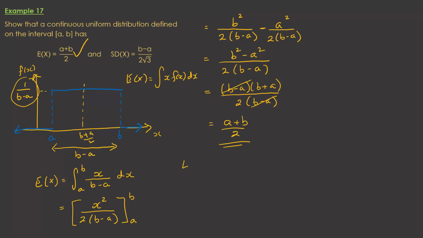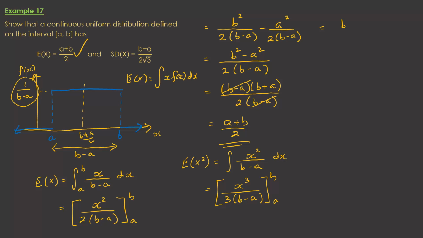And for the variance, we need the expectation of x squared. And that's going to be the integral of x squared times f of x, so x squared over (b − a) dx. And that's going to give us x cubed over 3(b − a) to be evaluated from a to b.